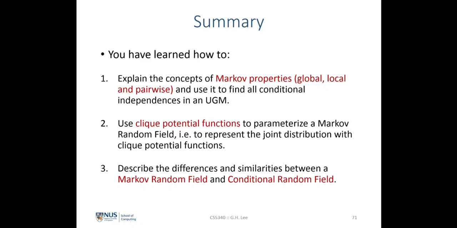We have seen that this is much easier than the directed graphical model case, because we have shown that the global, local, and pairwise Markov properties are equivalent to each other, and we simply read off the conditional independence by looking at the truncation of the paths from any node to another in the undirected graphical model. And we have also defined the clique potential functions, in particular using the Gibbs distribution and the log linear model to parameterize the joint distribution of a Markov random field.